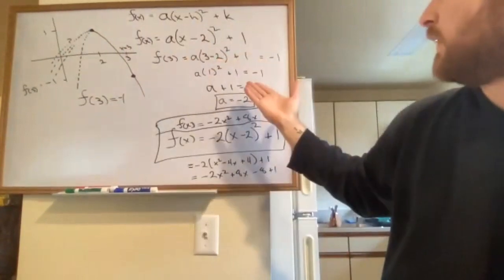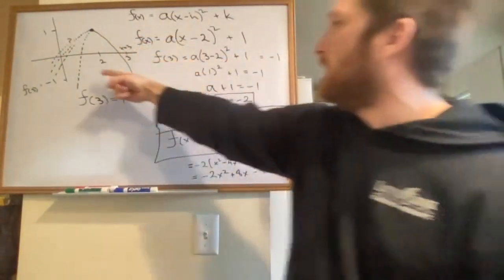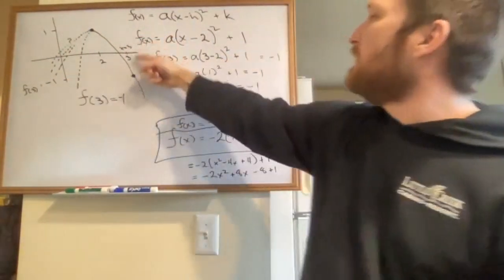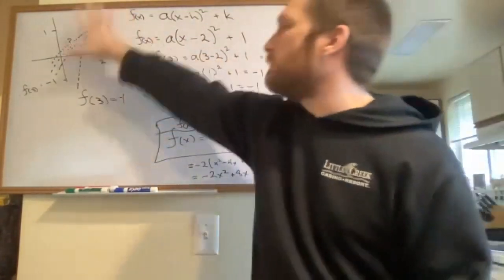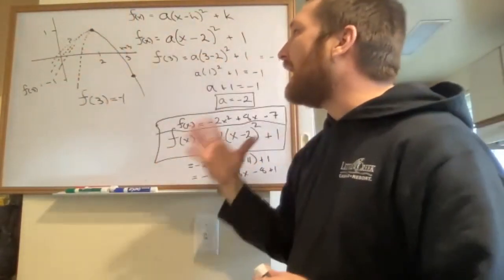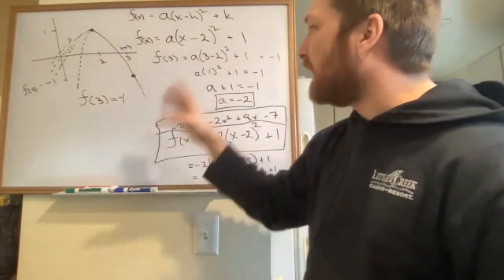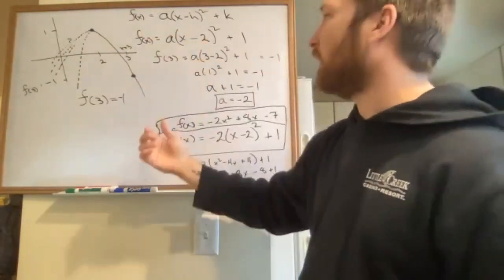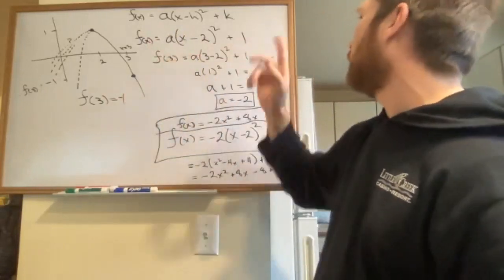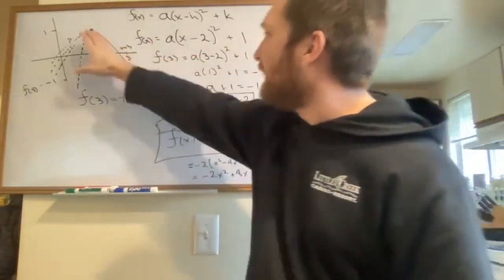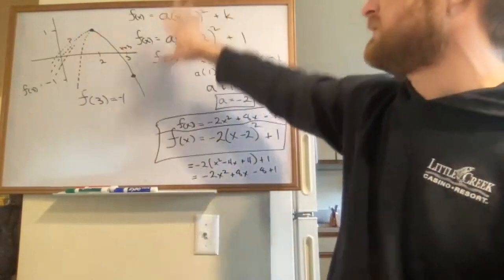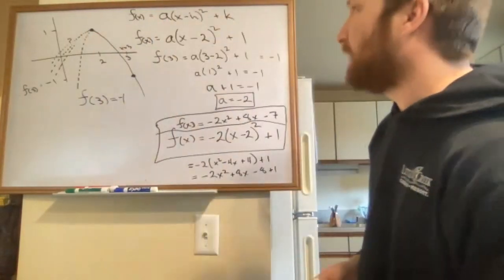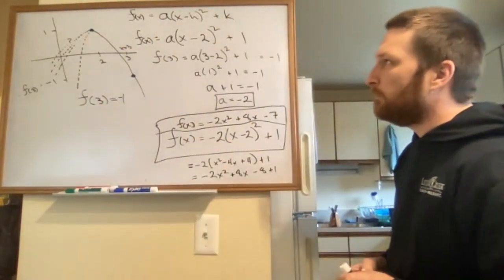I'm plugging in a 3, I'm getting out a -1. Whereas if I didn't have this picture, I would feel like I was just following some algorithm, and it would be like, oh, what do I do now? Well, now you plug in a 3 and make that equal to -1. Here it helps me keep the bigger picture in mind.